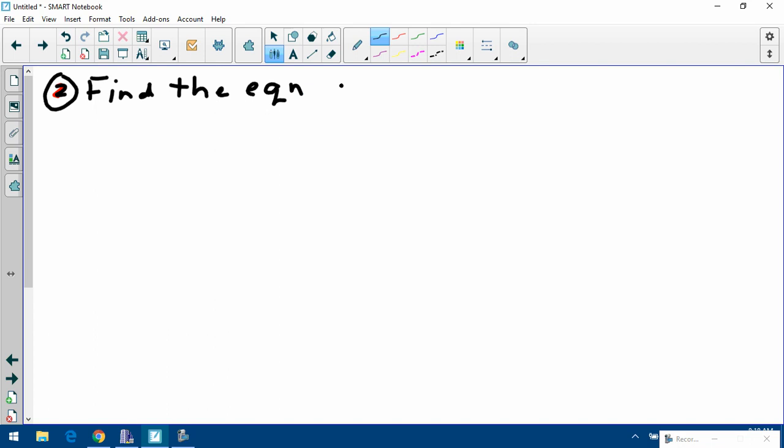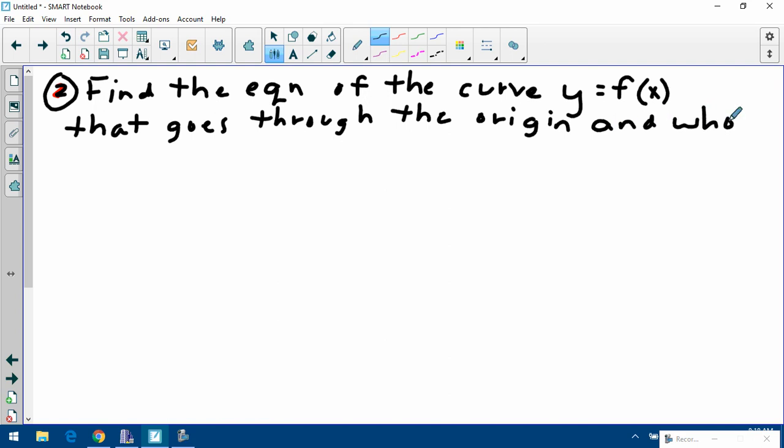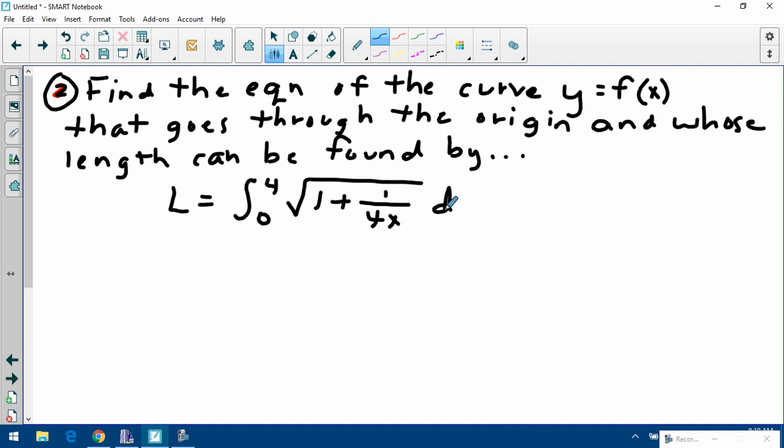Find the equation of the curve y equals f of x that goes through the origin and whose length can be found by length equals the integral from 0 to 4 of the square root of 1 plus 1 over 4x dx.